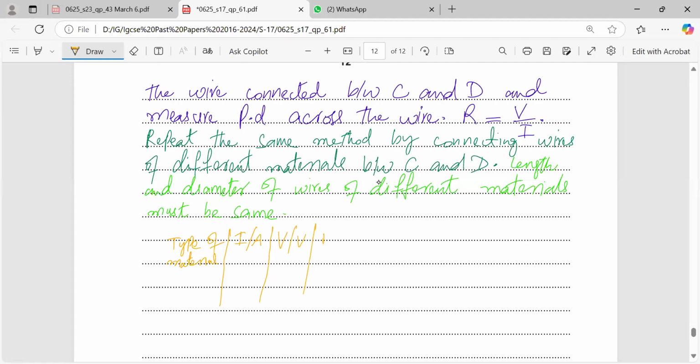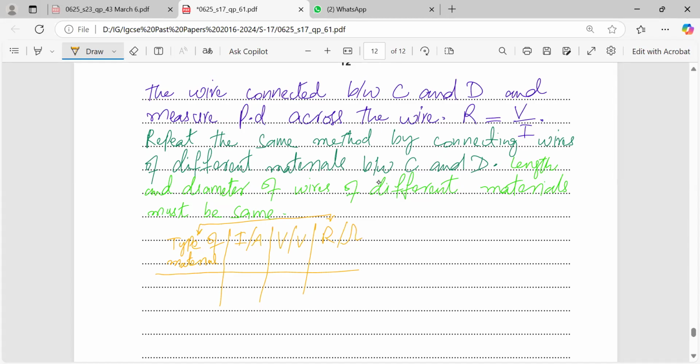Then the resistance, in ohms. So this is the table with column headings. Even if you are short of time, you can write only the first and the last. In the table, the dependent and independent variables should definitely be there. The independent variable is on the extreme left and the dependent variable is on the extreme right. It is necessary that you write these two things in the table.